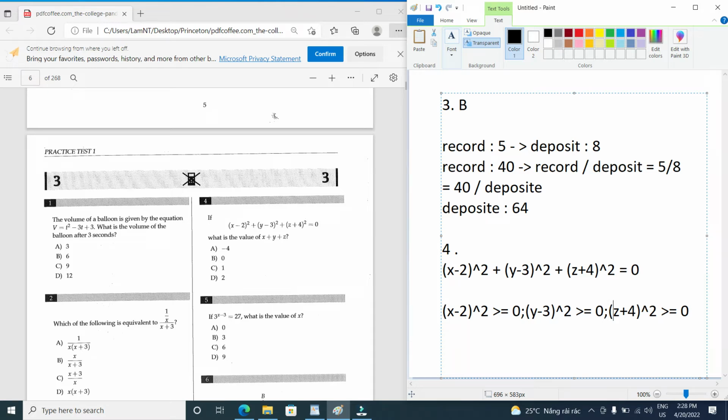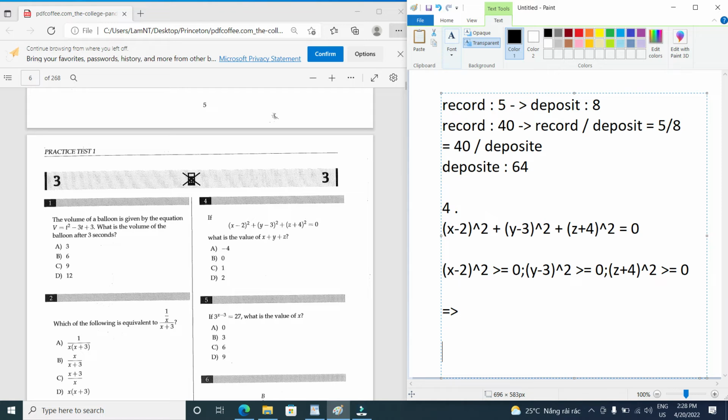So for this sum to be 0, with all of its components being greater than or equal to 0, each of these components has to be 0 themselves, right? Because that's the only way this equality is satisfied.